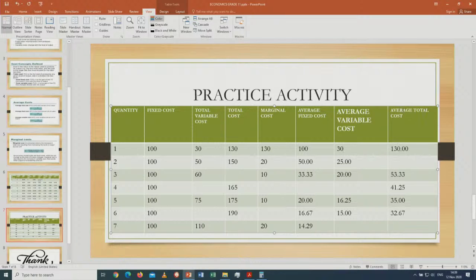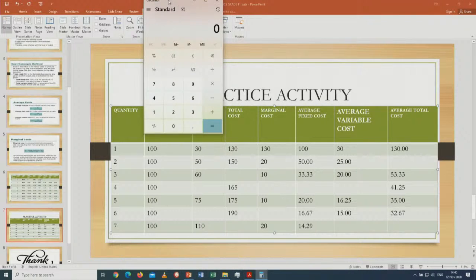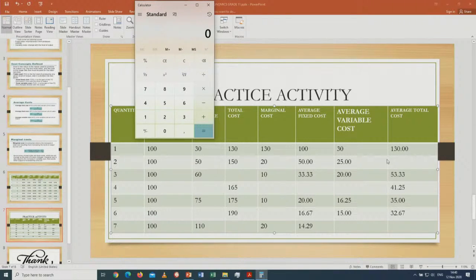Now if you want the average total cost, what are we supposed to do to get it? We must have our average variable cost plus our average fixed cost. In this case we'll have the 50, let's write it as it is written there, plus the 25.